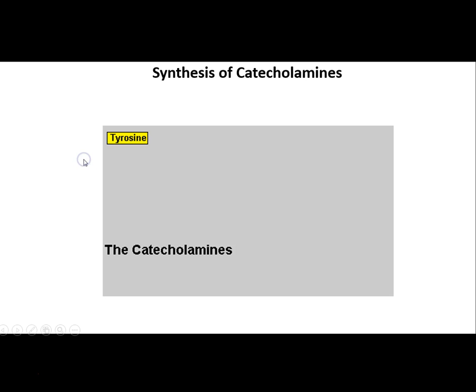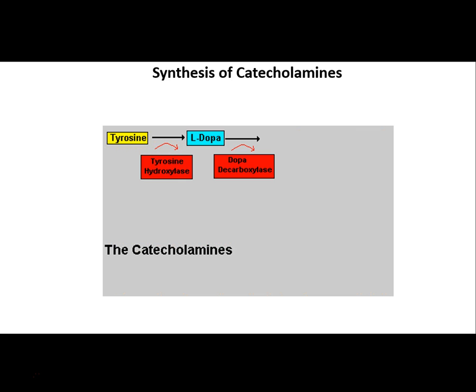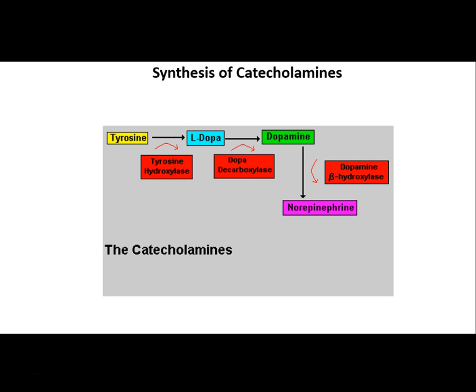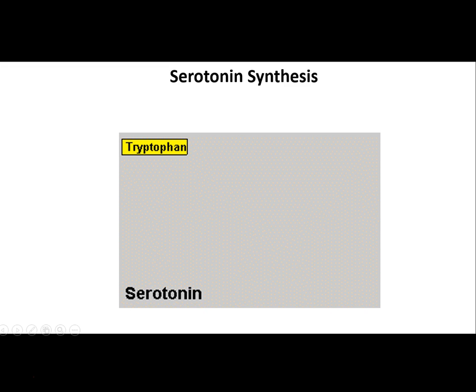What about the synthesis? In the case of catecholamines, like we said, dopamine, norepinephrine, epinephrine, through a series of chemical reactions, the amino acid tyrosine is converted into dopamine, then norepinephrine, or into the hormone epinephrine. And we can find different enzymes in this case, and these enzymes could be drug targets as well.